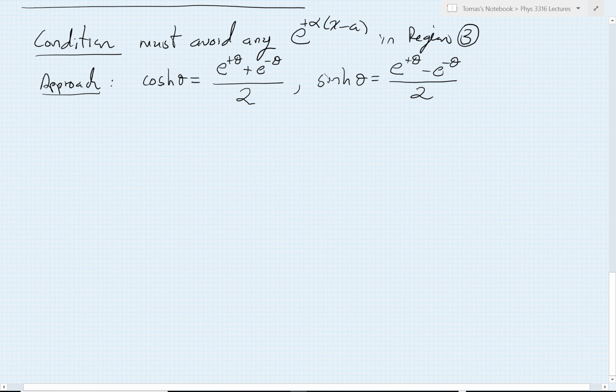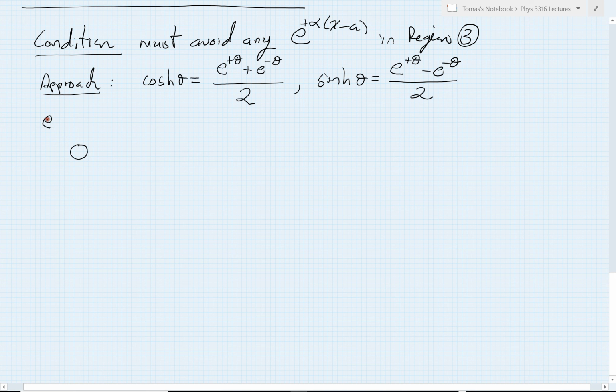And so we are going to substitute these into the expression for phi 3 above, and then we will pick out the prefactor on the growing exponential parts, and we can set that to 0. So we then will have a mathematical condition, right?